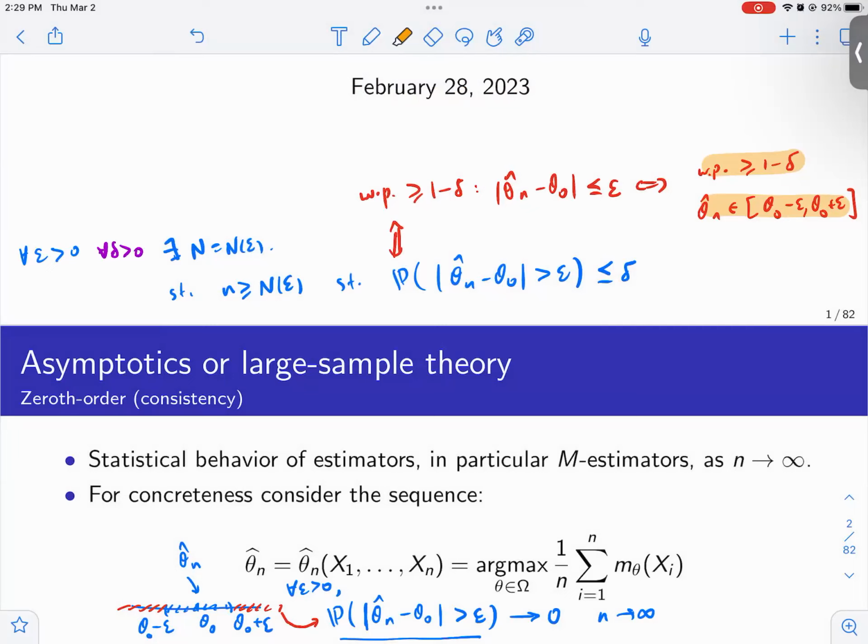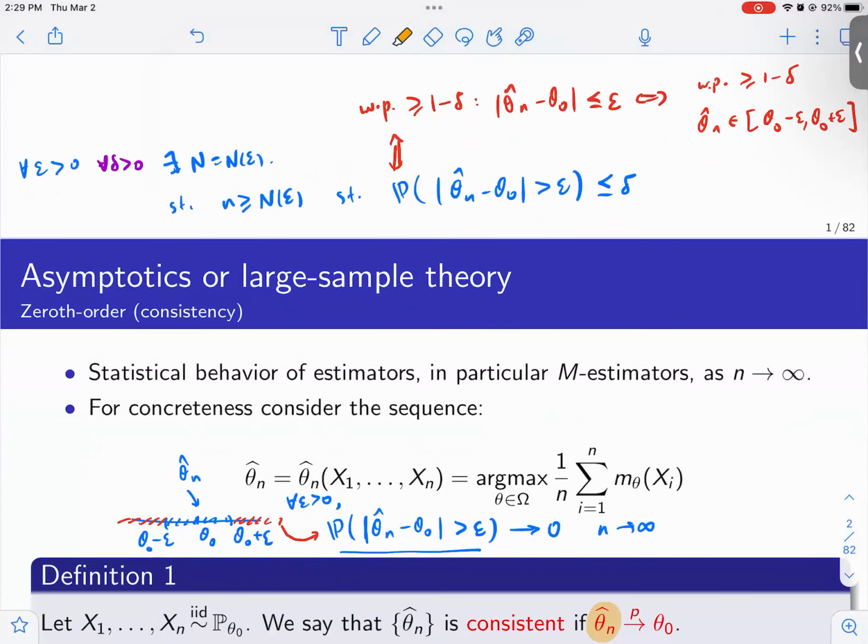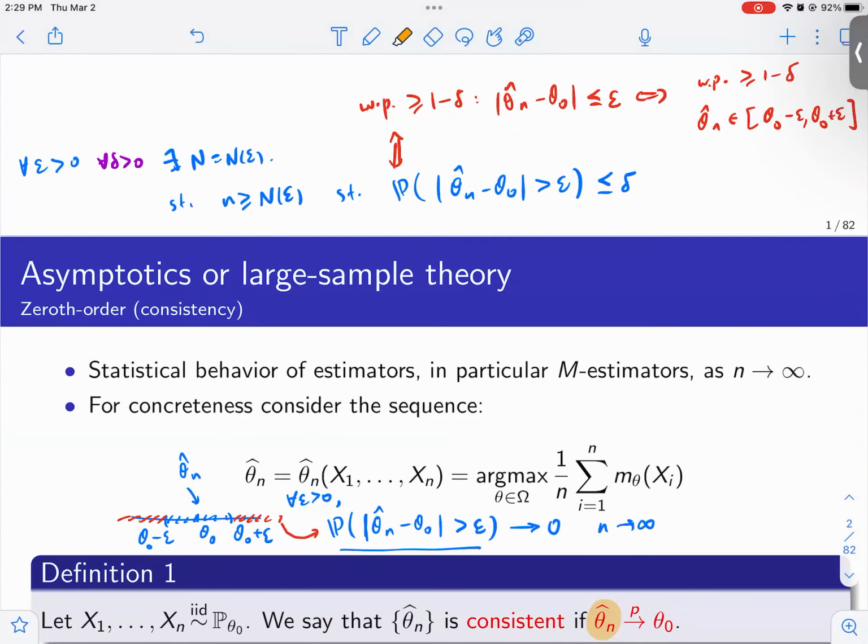So this is a very desirable property. This n potentially depends on both epsilon and delta.